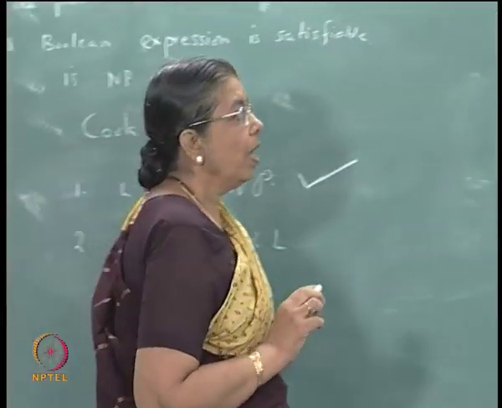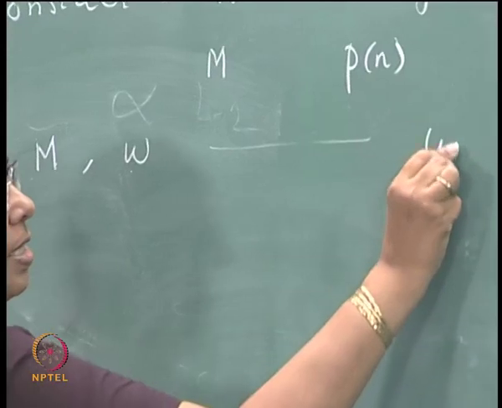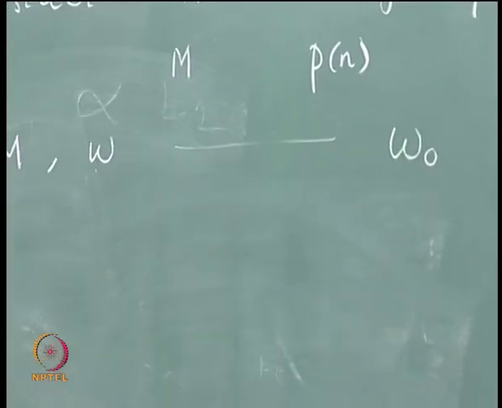So, given M and W, you construct a Boolean expression W naught.